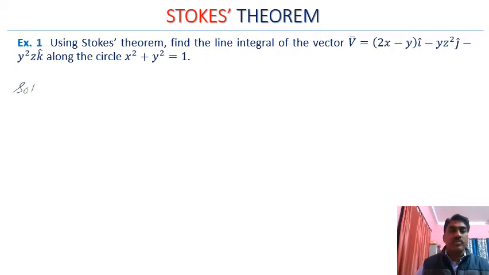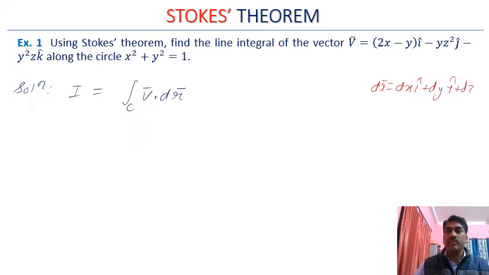We have studied in the lecture on line integral that the line integral of this vector v is written as the integral over c of v dot dr, and v is given. dr is dx i plus dy j plus dz k. Taking the dot product of v dot dr, we get the line integral over c of 2x minus y dx minus yz dy minus y square z dz.